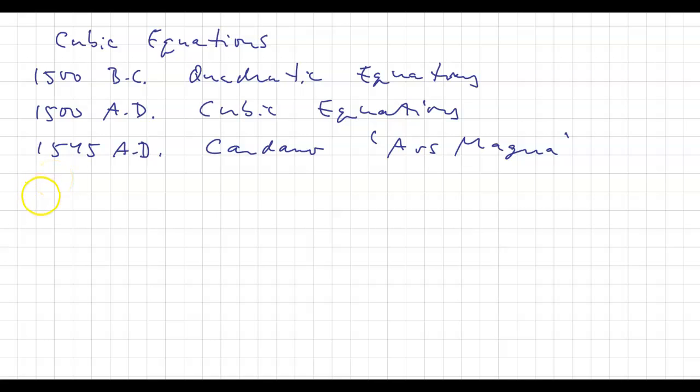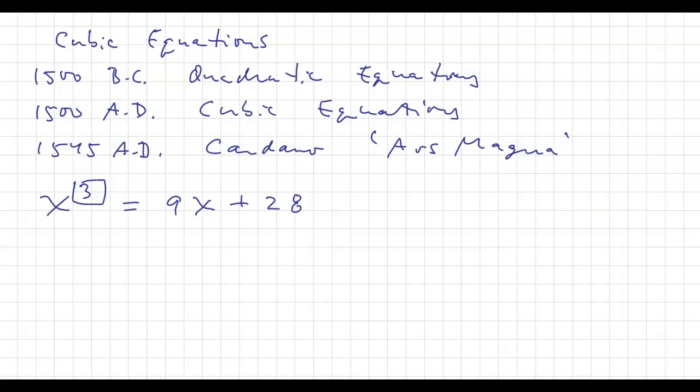So let's take a look at an example of a cubic equation. What makes it a cubic equation is this exponent there. And this cubic equation, which does not have an x squared term, is one of the easier types to solve.